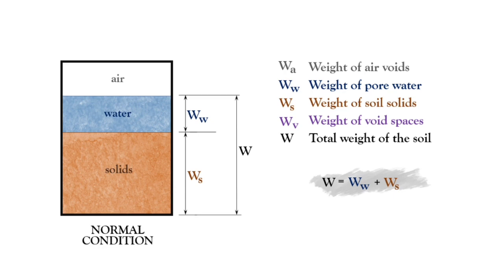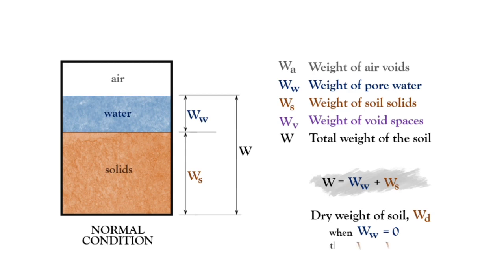Now, when we say dry weight of the soil, so pwede ko kasi siyang isulat as W sub D. That means the dry weight of the soil. Ito ay mangyayari lang if the weight of the water is equals to 0. Ibig sabihin, dry yung lupa natin. Siyempre, wala nang tubig.